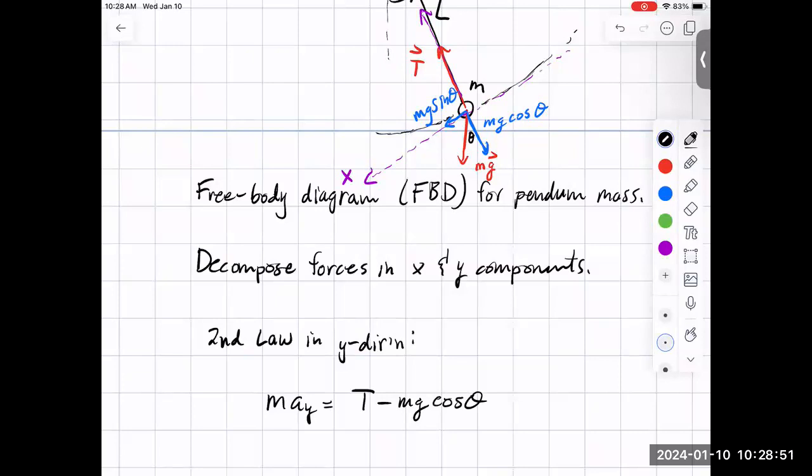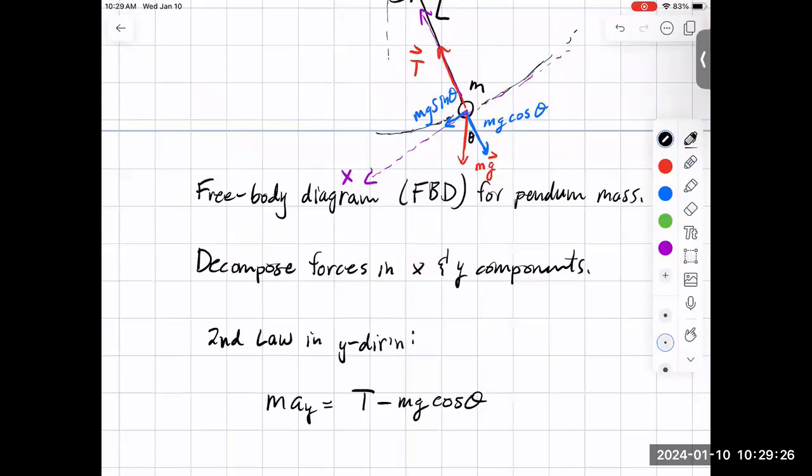So what would be the acceleration in the y direction? Is the ball moving up or down the y-axis? No, it's moving perpendicular to the y-axis, right? That's why we chose the coordinate system we chose, is because all of that motion instantaneously is along the x direction or perpendicular to the y direction. So if there's no motion along y, what's the acceleration in the y direction? 0, okay?